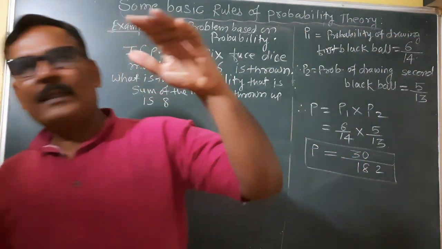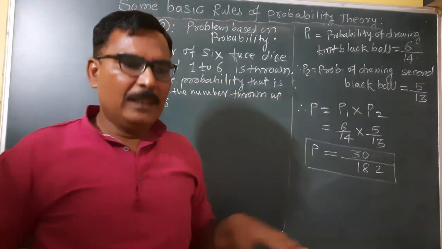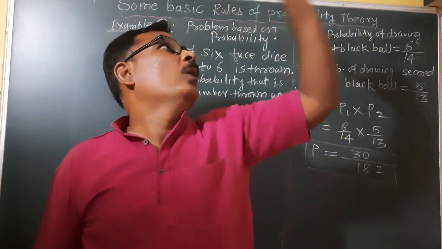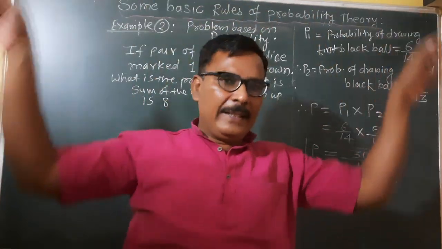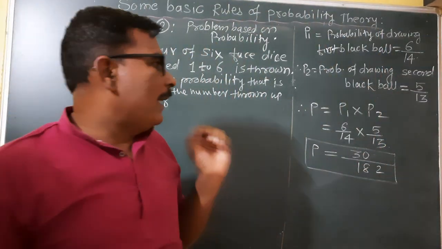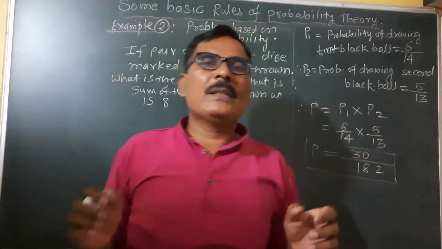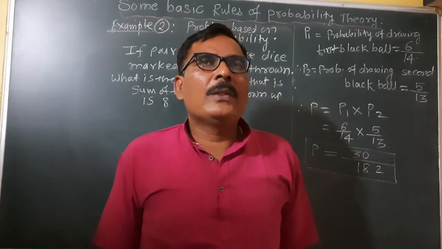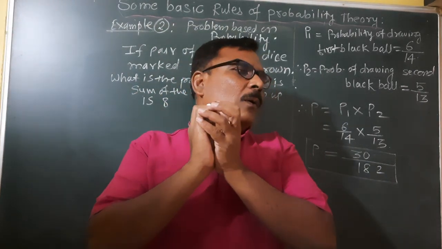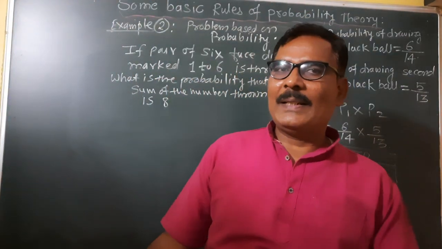This has how many faces? 1, 2, 3, 4, 5 and 6. This is a die, and we consider 6 faces marked 1 to 6. We have two dice and we are going to throw them simultaneously.